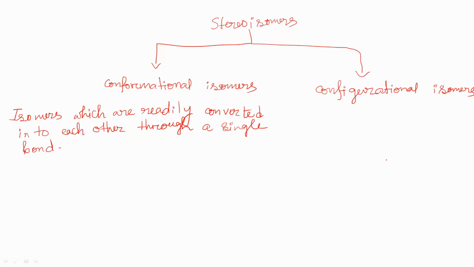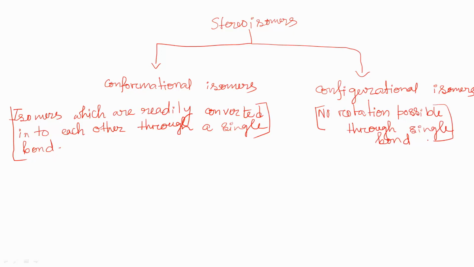Now, a configurational isomer is one where no rotation is possible through a single bond. So this is the conformational isomer. Now, configurational isomers have no rotation possible.